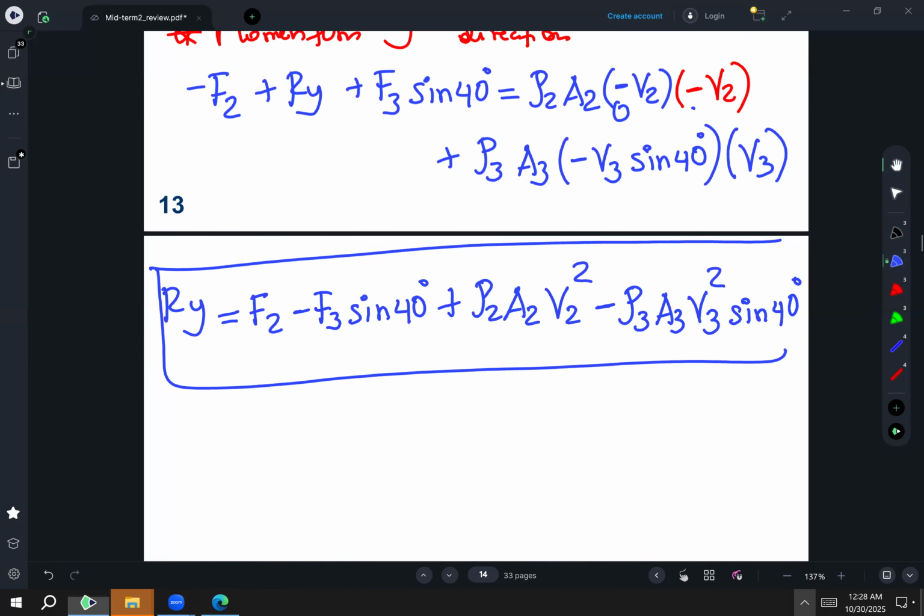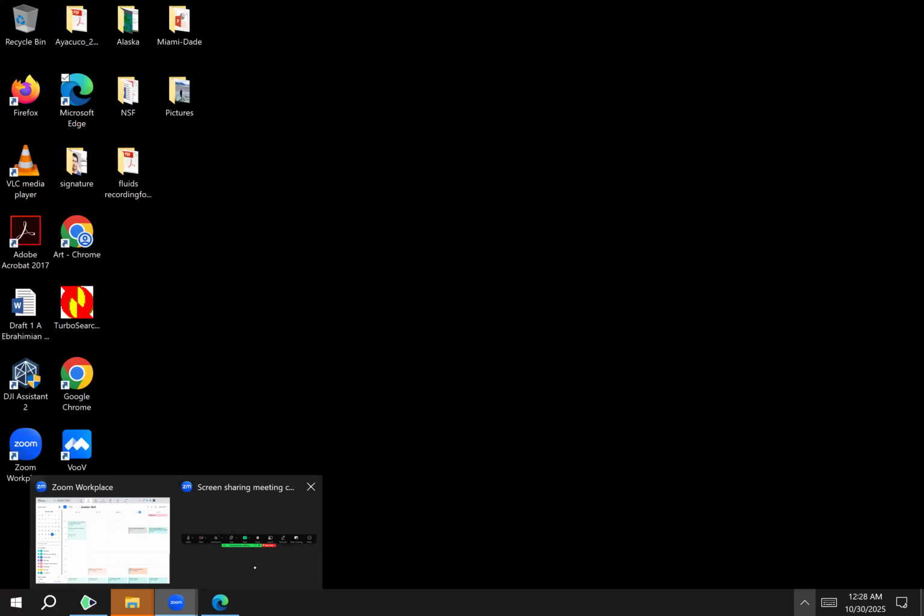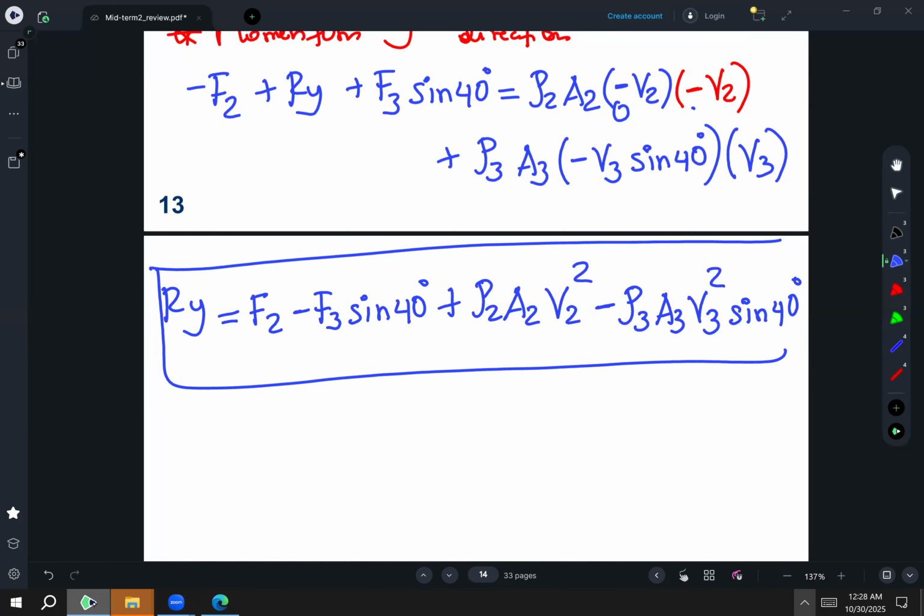Then Ry will be equal to F2, which is pressure 2 times area 2, and P2 is 30 kilopascals. So that will be 30,000 times area 2, and area 2 will be pi times 0.45 squared divided by 4, minus F3, which is pressure 3 times area 3.